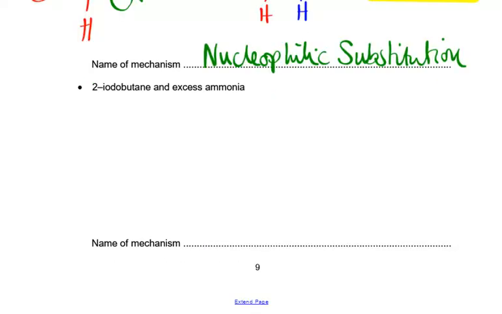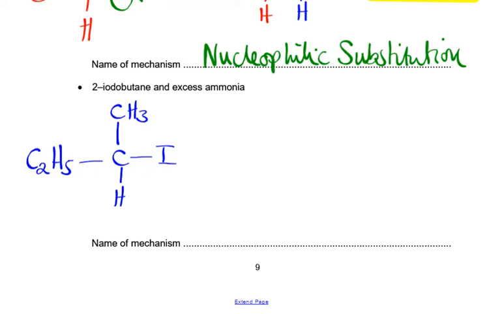Finally, let's have a go at this one, 2-iodobutane with ammonia. So I'm drawing my organic out slightly differently this time, just to get used to seeing it in different ways. So hopefully we're happy that that is 2-iodobutane.